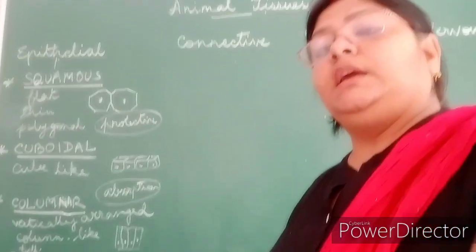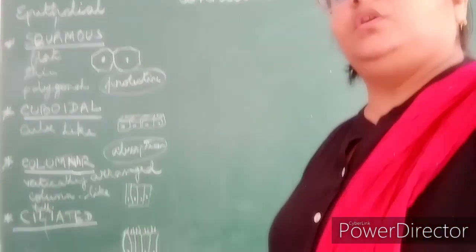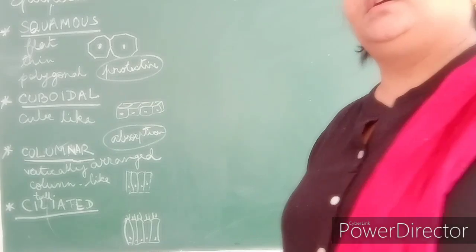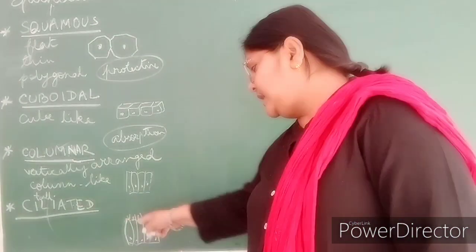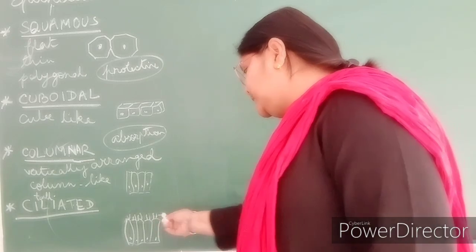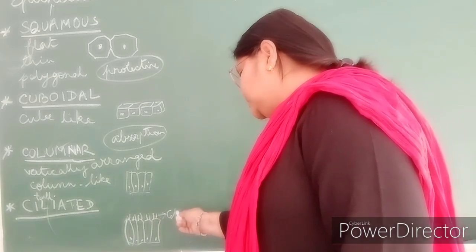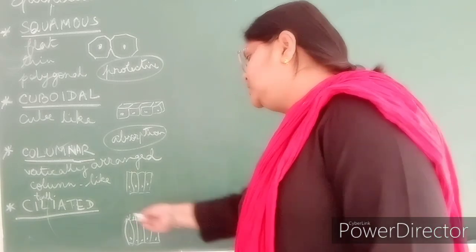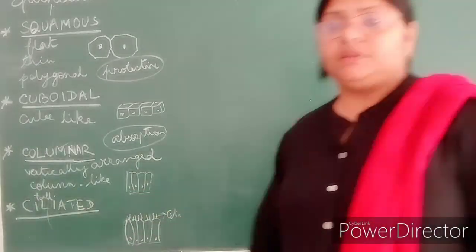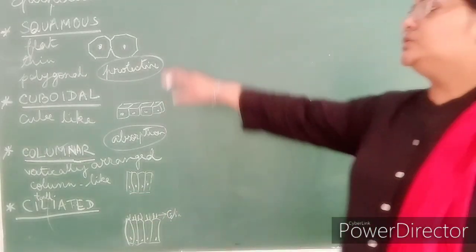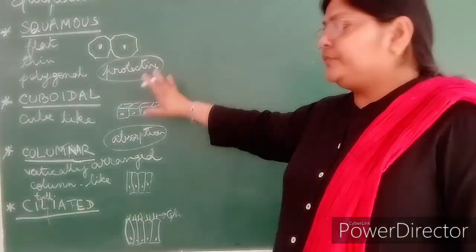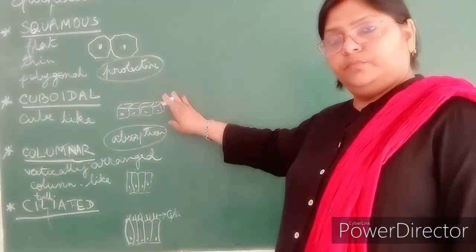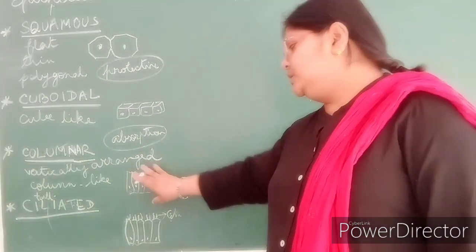When such columnar epithelium have cilia on them, that is a hair-like structure, then they are called ciliated epithelium. Squamous forms the skin, flat cells; cuboidal is the tube for absorption.